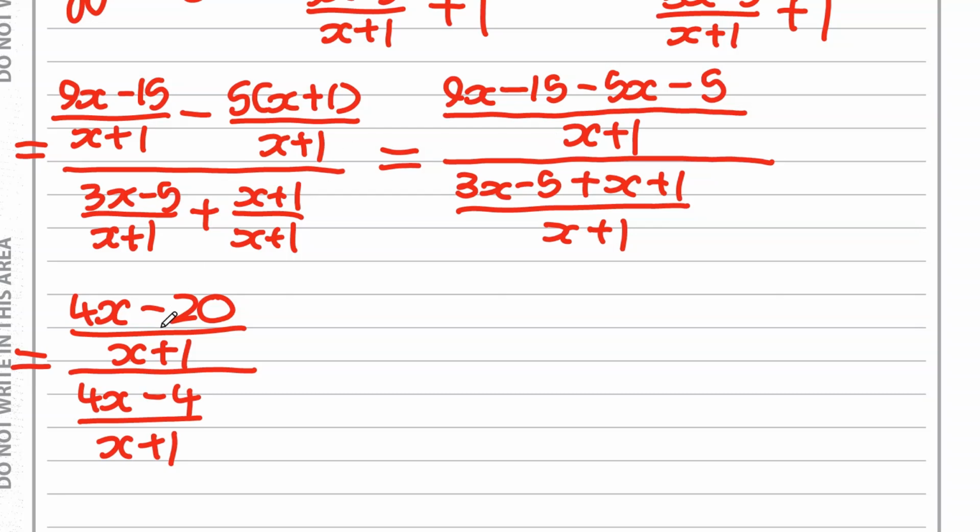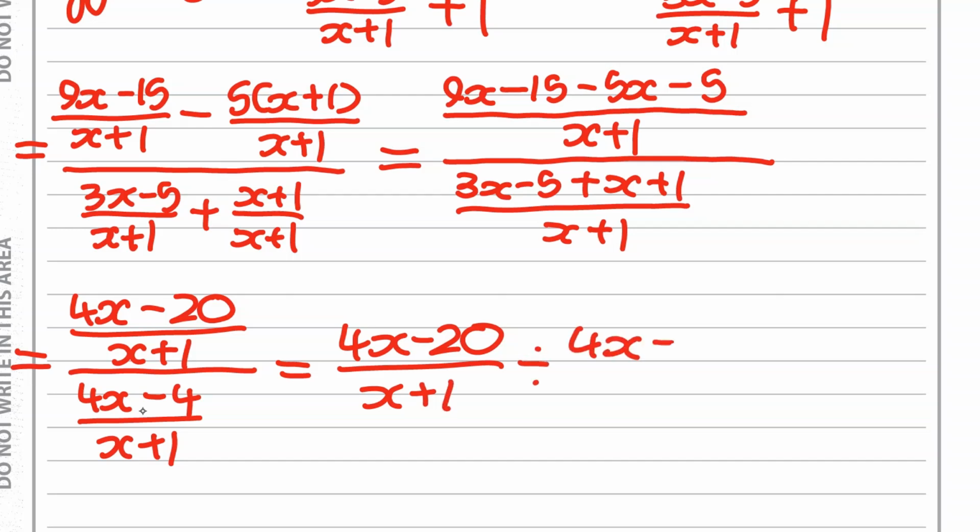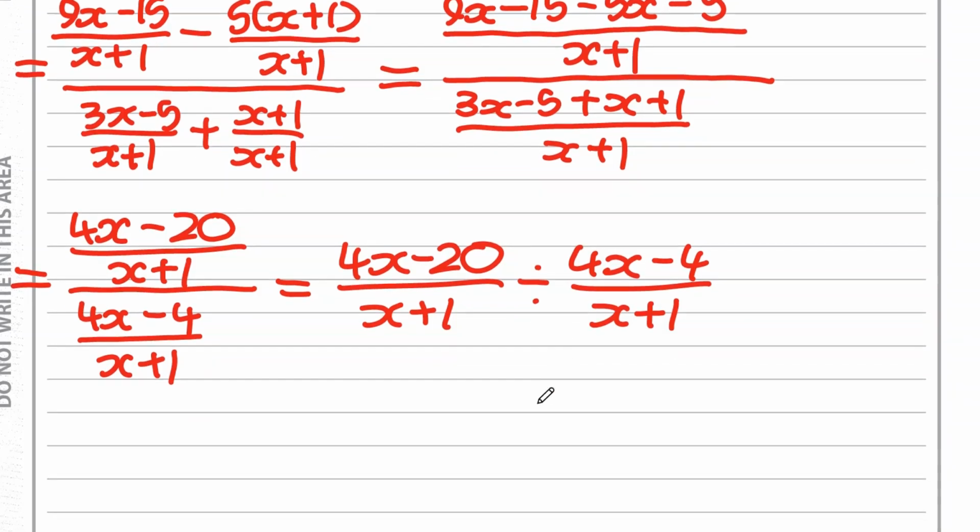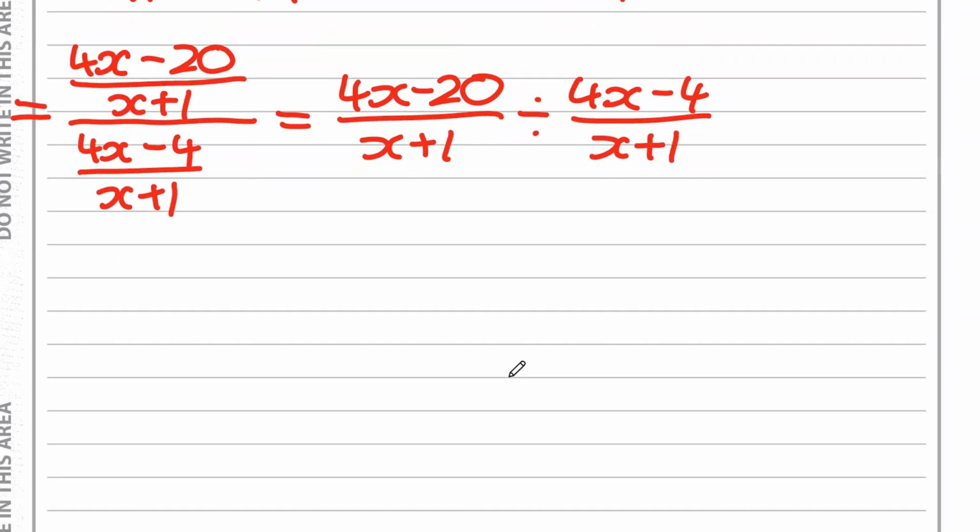Now we here have this fraction divided by this fraction, so what we can do is rewrite this as 4x minus 20 over x plus 1 divided by 4x minus 4 over x plus 1. It's this fraction divided by this fraction. Remember, when you divide two fractions, you can multiply them together if you flip this fraction here.